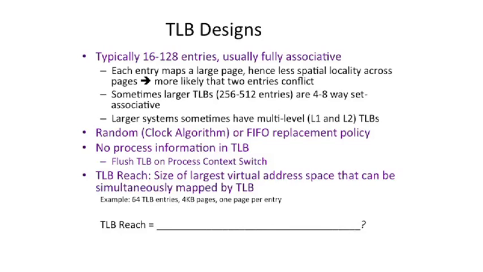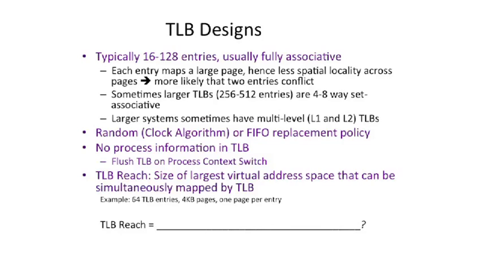There are a couple of different designs for how to go about replacing. Having something like true LRU can be hard if this gets large, and it's possible that LRU is not even a good approach. Unlike caches, this is a very different access pattern.